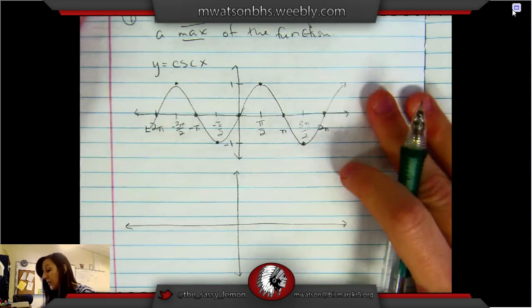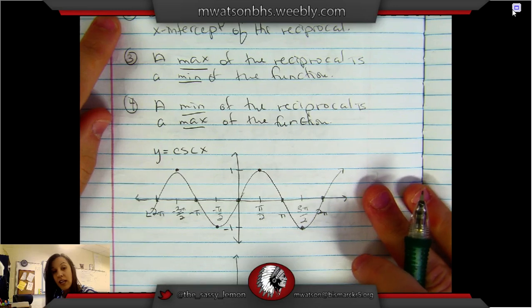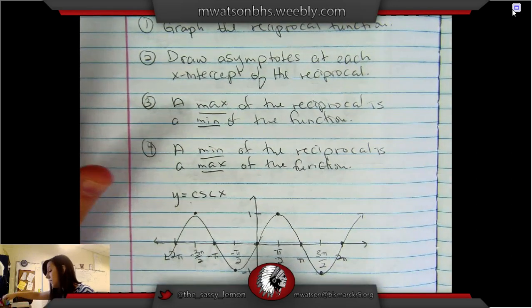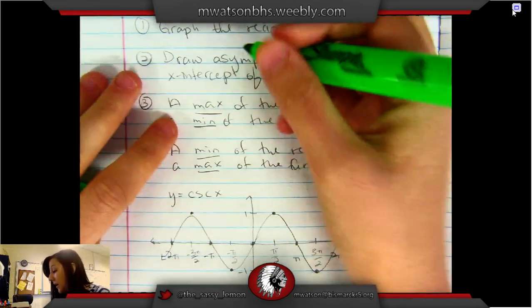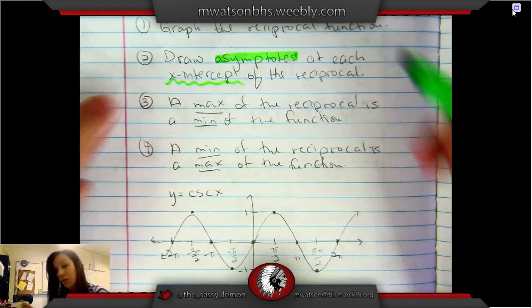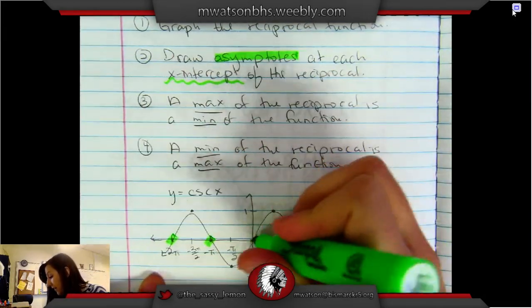But now we have to follow the rest of the steps to actually do cosecant. So we're going to draw an asymptote at each x-intercept of the reciprocal. I'm going to color code this. So where are x-intercepts? Well, that's where we cross the x-axis.